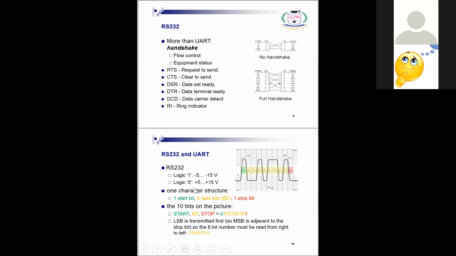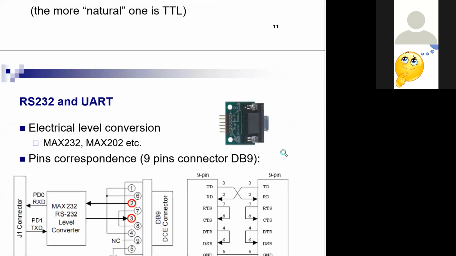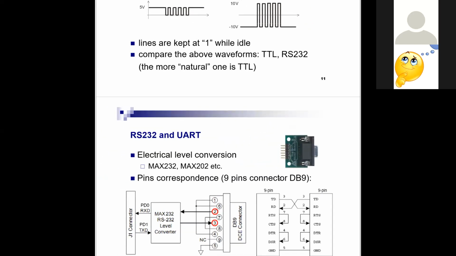This level of difference is not available in UART. The pins are transmission, reception, ready to send, clear to send, data terminal ready, data set ready, and the ground pin. This is the way they will connect.